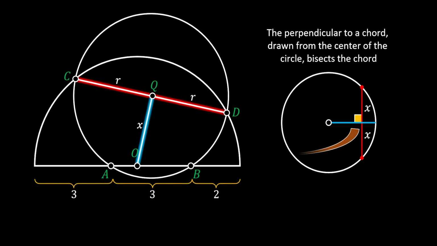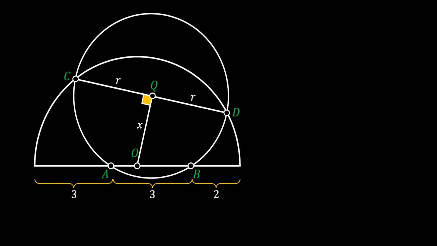Since the line OQ is bisecting the line CD, this means that the angle at the point Q must be the right angle. Now you can see that the diameter of our semicircle is equal to the sum of all individual segments, which is equal to 8. And we can label the far left point of our semicircle as E, and we can notice that the line EO represents the radius of our semicircle.